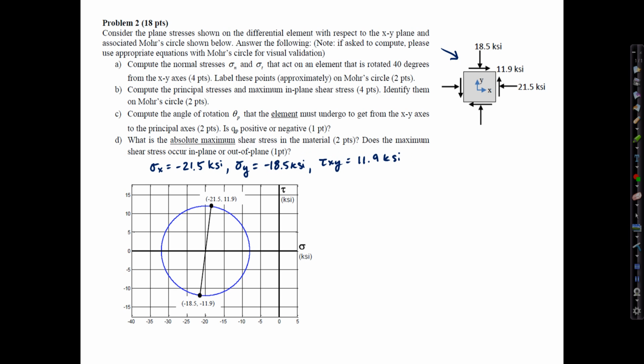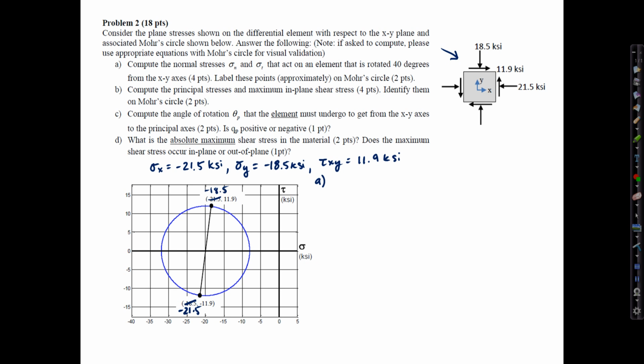If I look at those points on Mohr's circle, sigma x, negative 21, should be paired with negative tau xy. Oops, the point is labeled wrong. We identified that during the exam, and hopefully it didn't trip anyone up. Those are the 2 points on Mohr's circle.